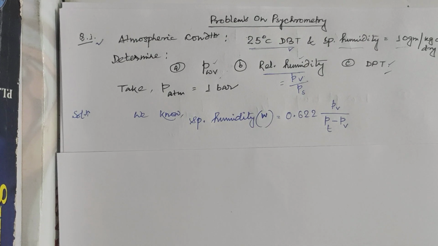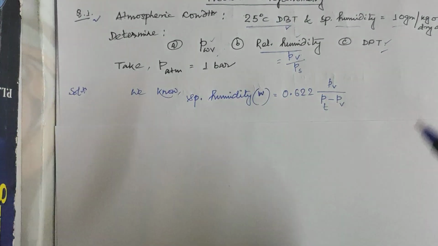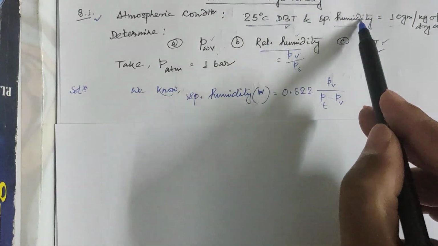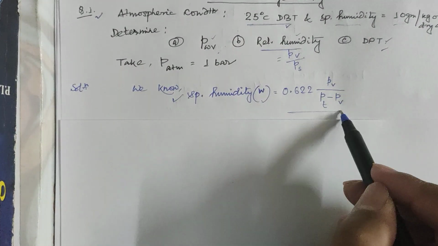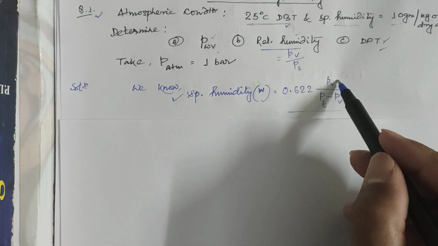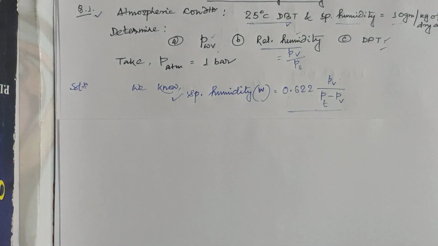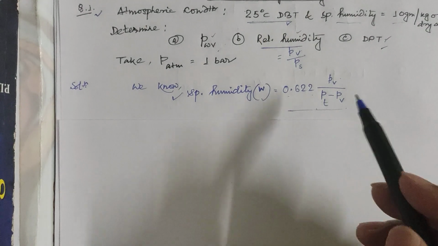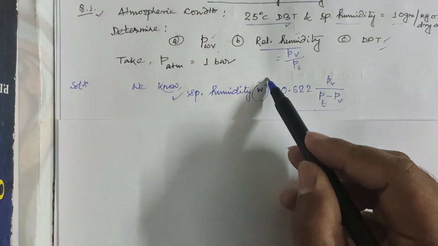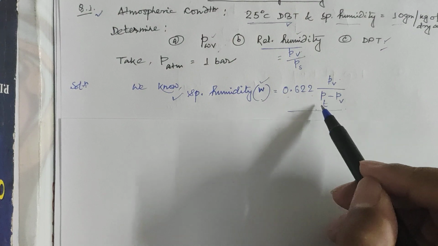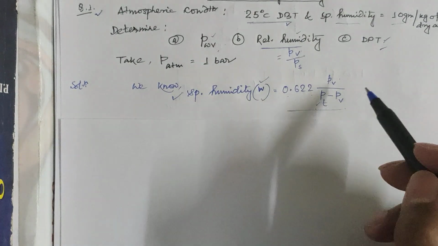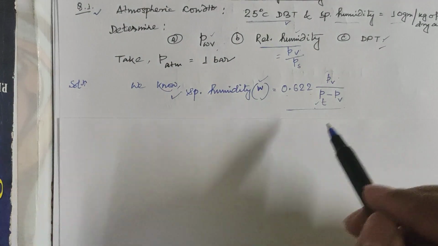Regarding the given data, dry bulb temperature and specific humidity, we know that specific humidity W can be expressed by the equation W = 0.622 PV divided by (P total minus PV), where PV is the partial pressure of water vapor. In this equation, W is known, that is 10 gram per kg of dry air, and total pressure is known, that is 1 bar, but you don't know the partial pressure of water vapor.